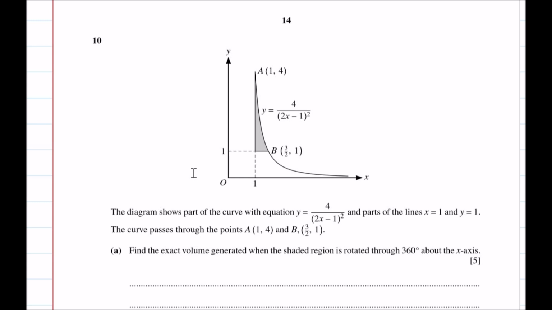The curve passes through the points A equal to 1, 4 and B equal to 3 by 2, 1. So find the exact volume generated when the shaded region is rotated through 360 degrees about the x-axis.